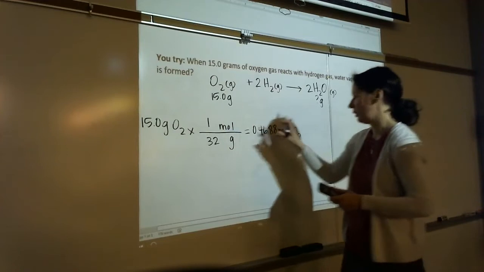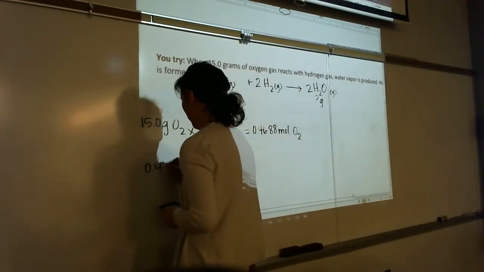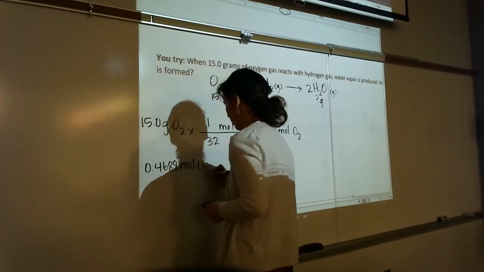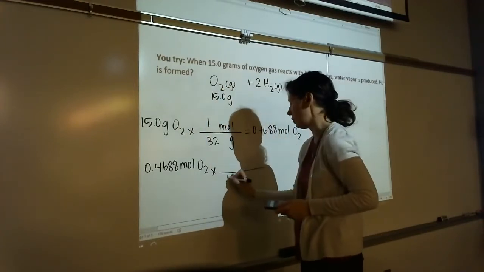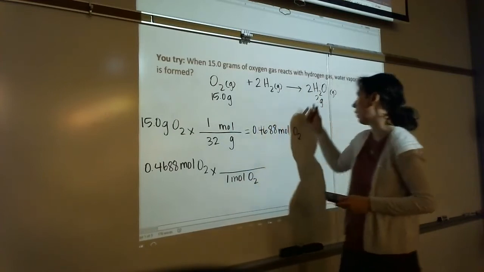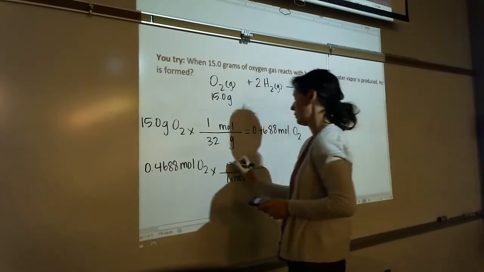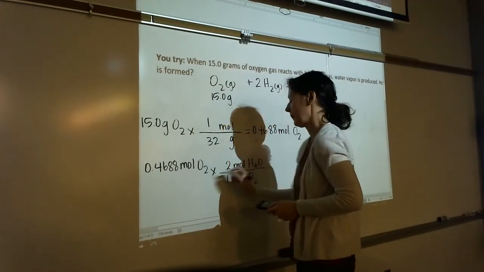So let's take that number, 0.4688 moles O2. For every 1 mole of O2 that I use, how many moles of water vapor am I making? 2, right? So 2 moles of H2O.